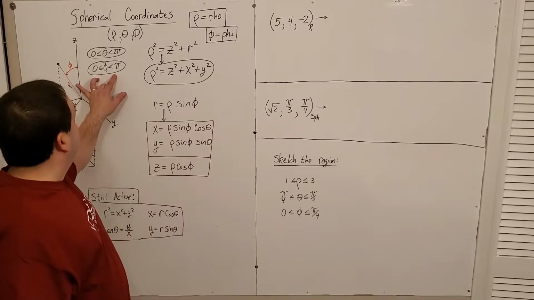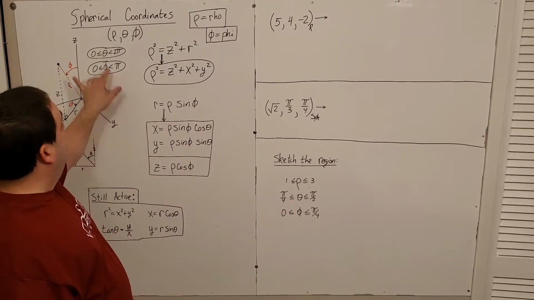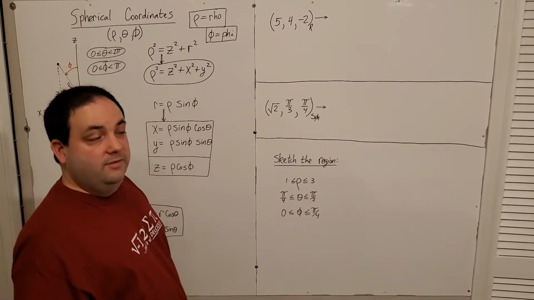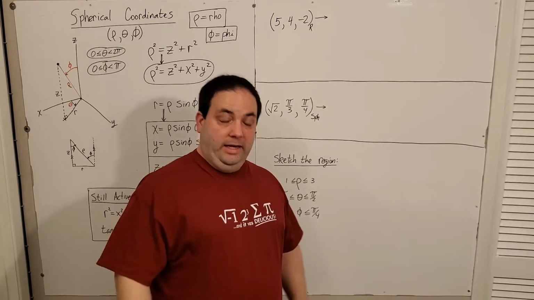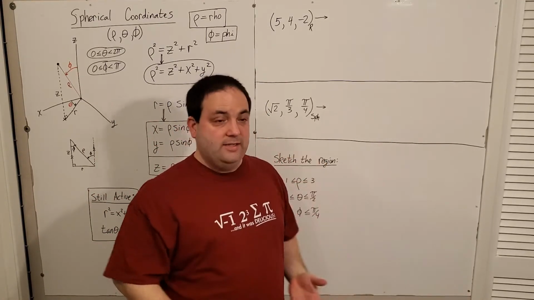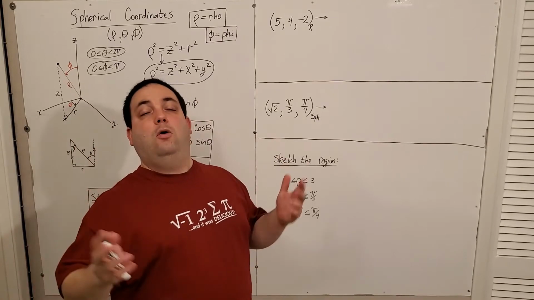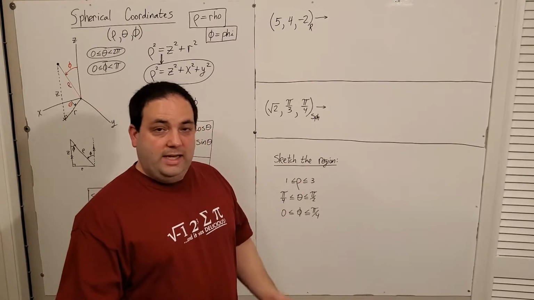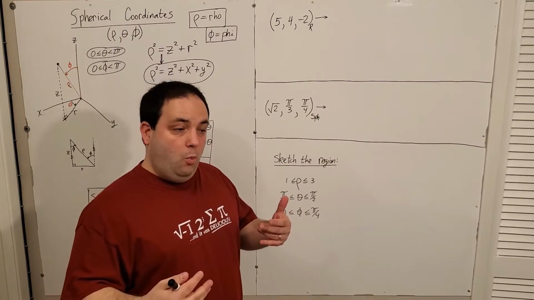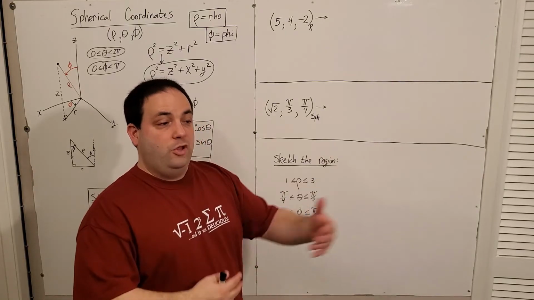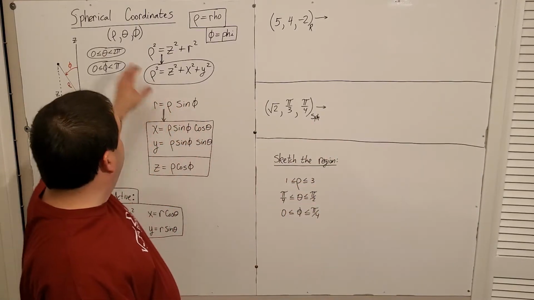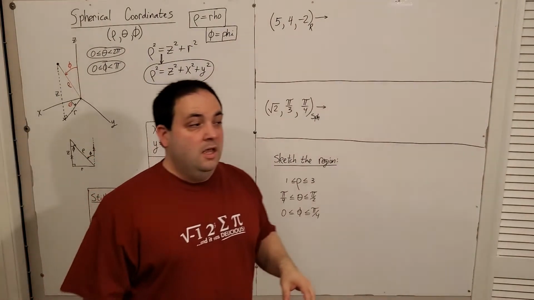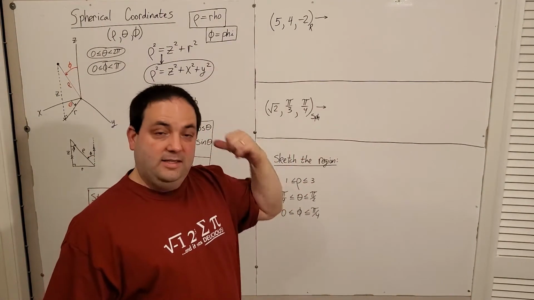So phi is typically only between 0 and pi, and rho will typically only be positive because that's all we typically need. Can they take on those other values? Yes, of course, because when we solve things, all manner of different solutions can happen. But what's going to occur after you get a negative or a weird outside value than what I'm saying here is you'll just find a way to convert it back into this standard form.